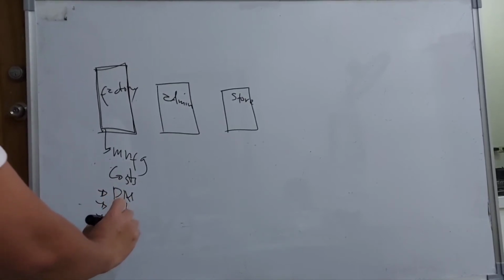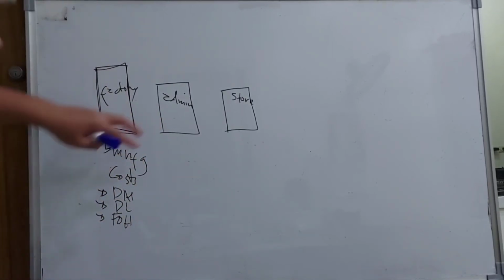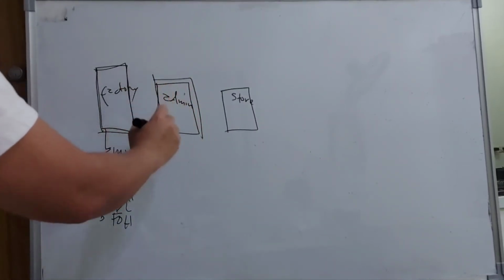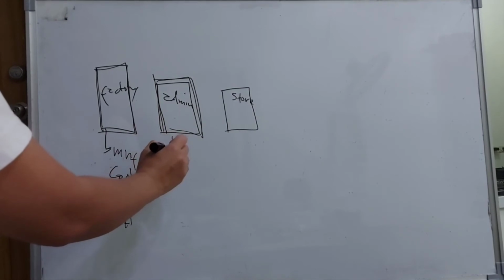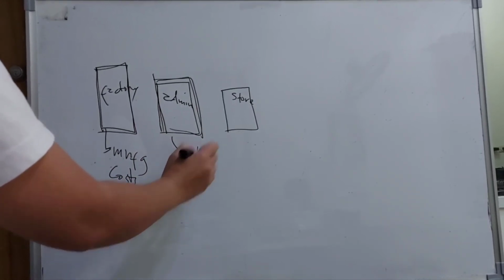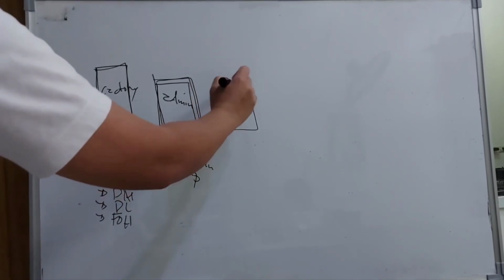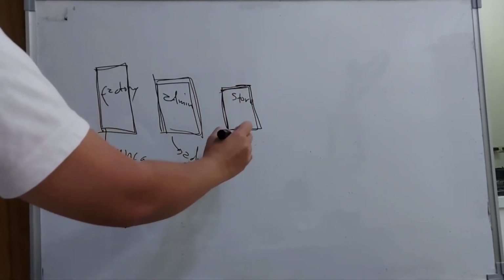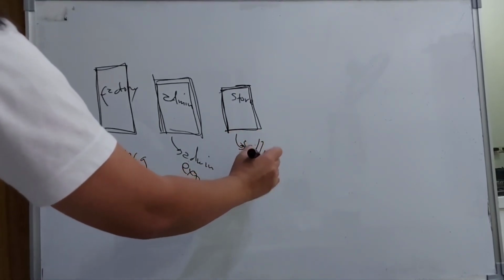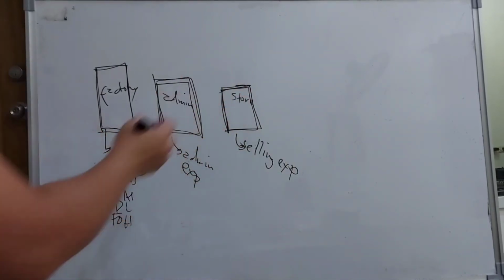Pahapiyaw lang na yung plus. So, admin expenses, lahat ng may incur na dito sa building na to, ito yung recorded as admin expense. Okay. Sa store, lahat ng may incur na cost dito sa store natin, ito yung recorded as selling expense. Okay, so gano'n lang siya.